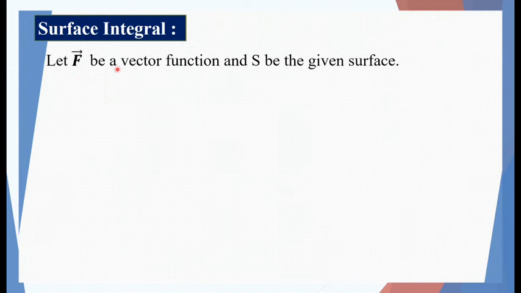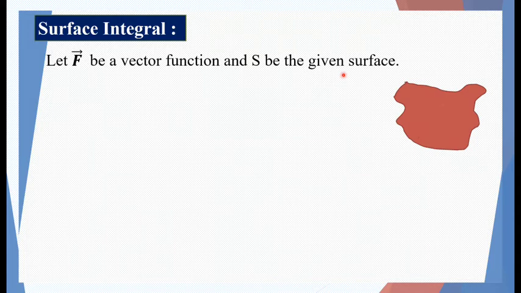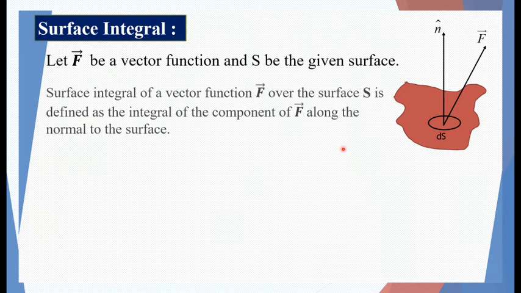If vector f is a vector function and capital S is the given surface, just like this. So, this is vector f, n cap is the unit vector, and ds is the small surface here.